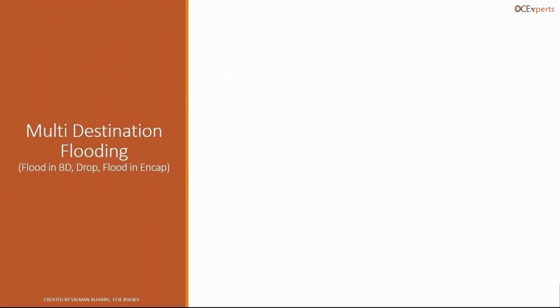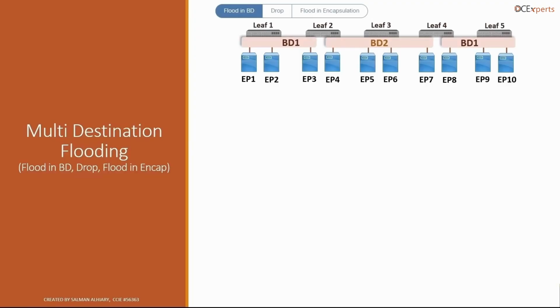As I mentioned before, the multi-destination flooding option affects only the layer 2 multicast and the broadcast traffic, excluding the ARP request traffic that we covered in the previous slide. We have three alternatives: flood in bridge domain, drop, and flood in encapsulation. In the first option, flood in the bridge domain, if an endpoint sends a broadcast or layer 2 multicast traffic to the ACI fabric, it will be flooded within the same bridge domain.